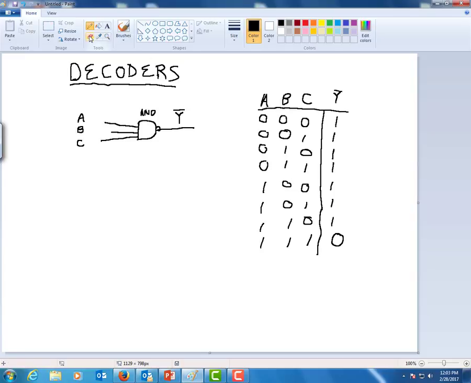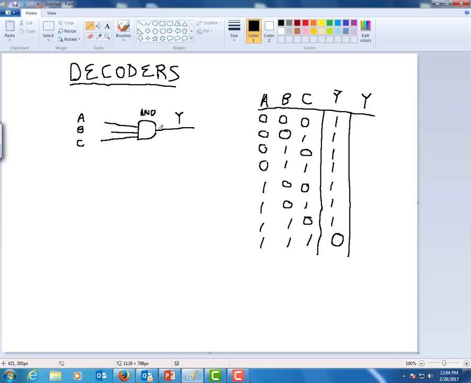Now, let's do something. Let's go back to the way we had it, right? There's Y. Let's get rid of that little bubble there. Let's go back. Let's make it an AND gate, not a NAND gate. So for an AND gate, I'm going to draw another line here. The output is known as Y, right?